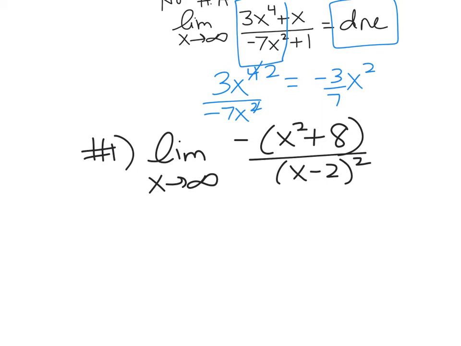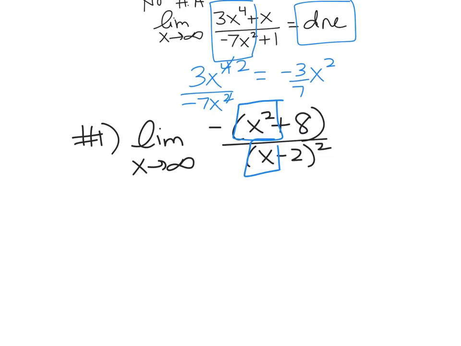Now, some people will look at that and they'll think, oh, I got to FOIL all that out and distribute the minus. Nah, you don't need to do any of that. You can tell, because you're good at math, that this is going to be x squared, and your leading term, if you were to FOIL that whole thing out, will be x squared also. And so you get negative 1 over positive 1. Degrees are equal, so the limit is negative 1.